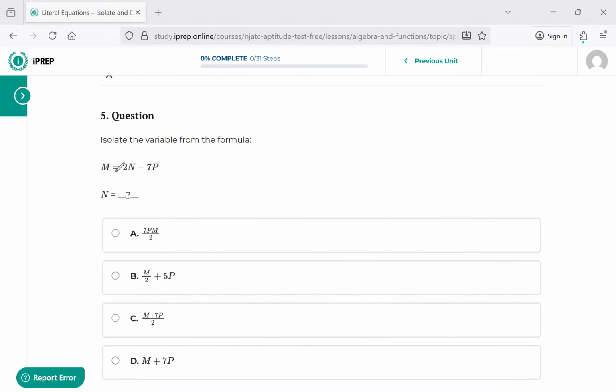Okay, question 2. Isolate the variable from the formula big M equals 2n minus 7p, so we got to solve for big N. So let me rewrite this. M equals 2n minus 7p. Solve for n. First, I'm going to get rid of this negative 7p by adding 7p to both sides.